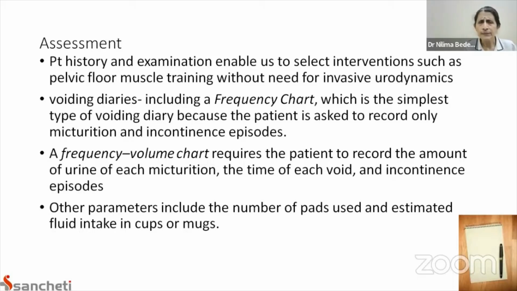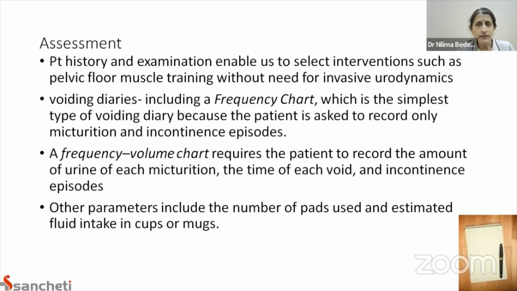To make things simple, we ask these women who come with the problem saying, I go frequently, I go every hour. Avoiding diaries, at least the first time, we could ask them, like, yesterday, could you remember? So it becomes difficult to recall. And hence, the most ideal thing we would like to have with them is the frequency volume chart.